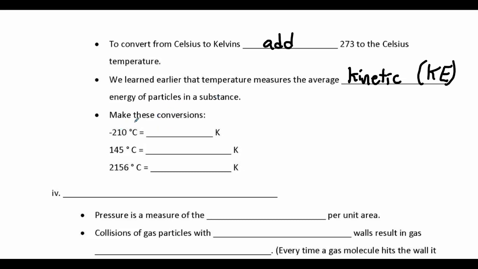So if we want to go between these Celsius temperatures and get them to Kelvin temperatures, what we're going to do is add 273 to the Celsius temperature, right? So plus 273 each time.